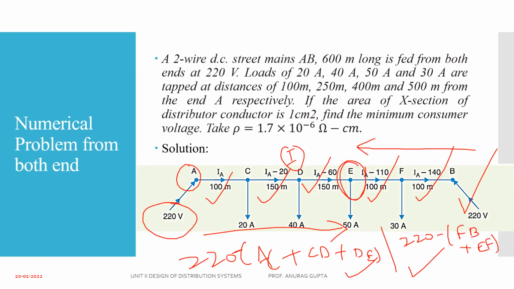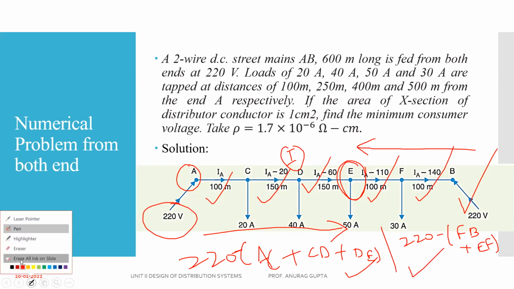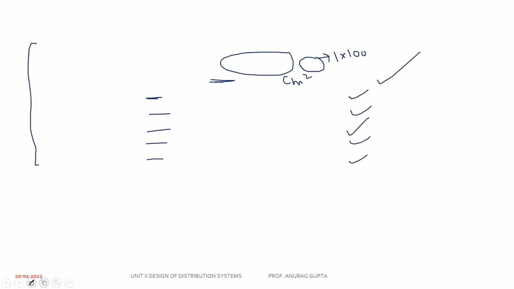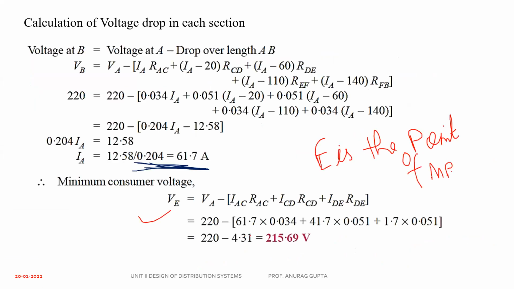If you are not getting an equal answer, it means your calculation is wrong. So this is the method to check your answer. Clear? Are you getting my point? Just we have applied the first one, VA minus the drop of all three sections, simple I into R. I have already found I, and the voltage at point E will be 215.69. So is there any doubt in this numerical? Then you can ask.